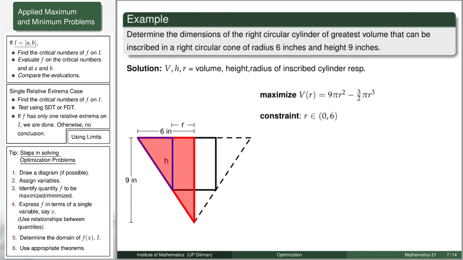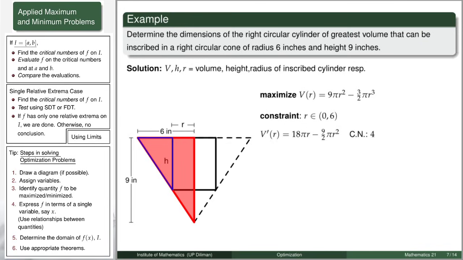This is still not a closed and bounded interval, so I'm still hoping for the single relative extrema case. We get the derivative. Since I have already simplified my function V of r, I will differentiate to obtain this quantity here. This will have two zeros, namely 0 and 4. But I will not be using 0 clearly because 0 is not part of our constraint.